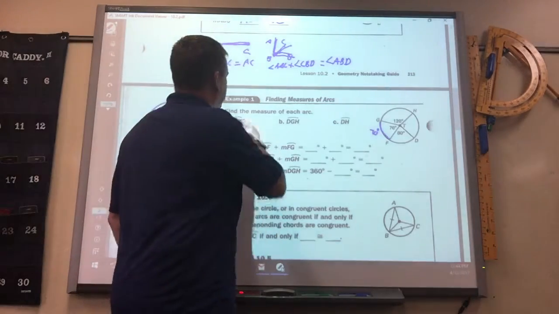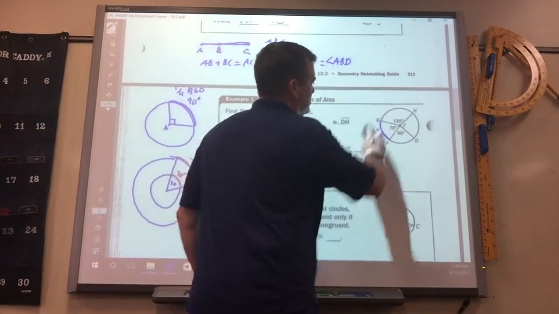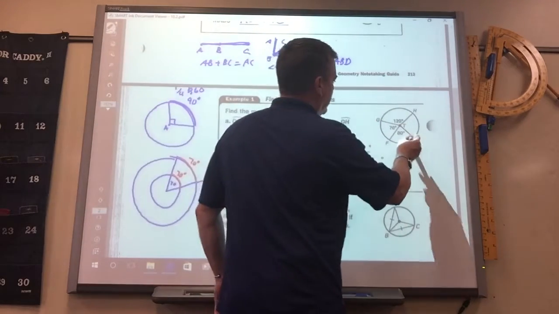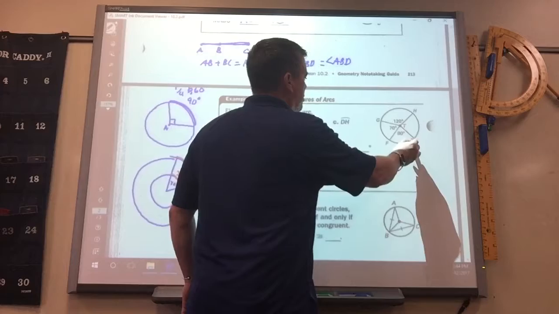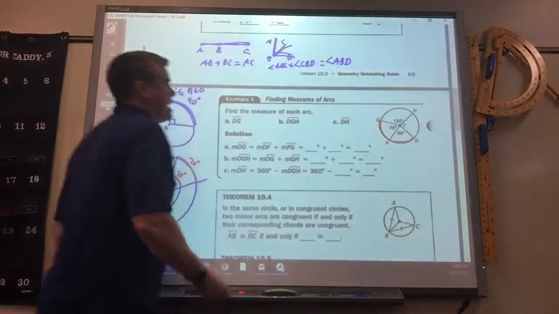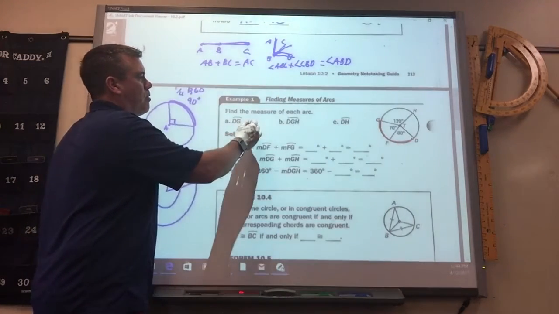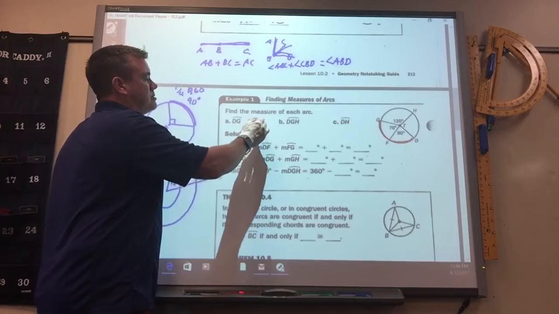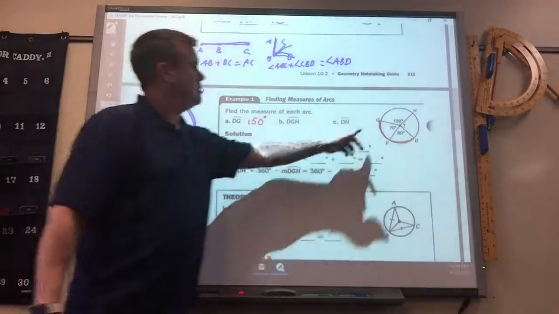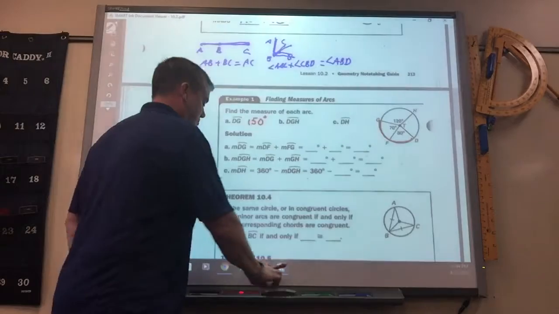Okay, so DG, since it's only two letters, you take the shortest route. So that arc is? 80 plus 70 is 150. Because this is 70, that's 80.